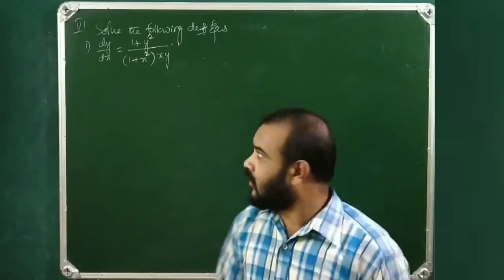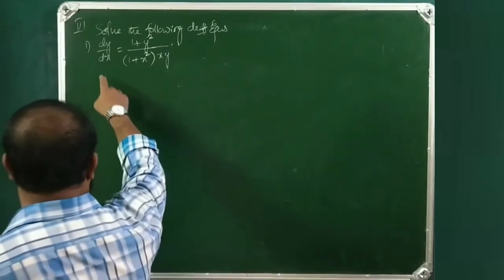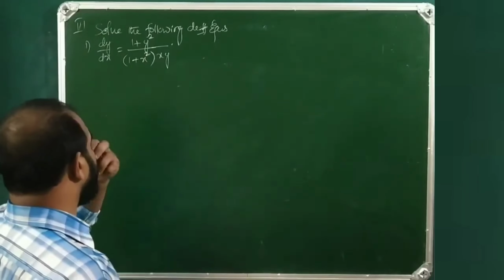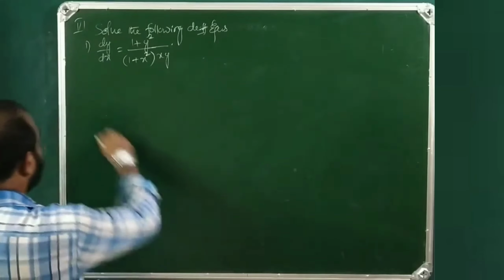This is the third Roman. The first question is dy by dx equals (1 plus y square) by (1 plus x square) into xy. Solution.